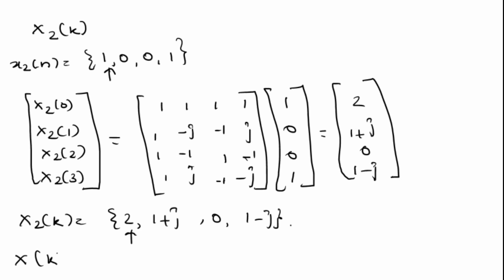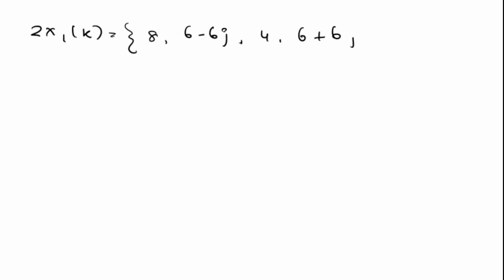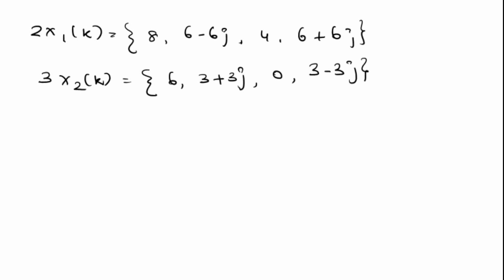We know that x of k is equal to 2 into x1 of k plus 3 into x2 of k. Two into x1 of k is equal to, multiply by 2, 8, 6 minus 6j, 4, 6 plus 6j. 3 into x2 of k is equal to 6, 3 plus 3j, 0, 3 minus 3j.